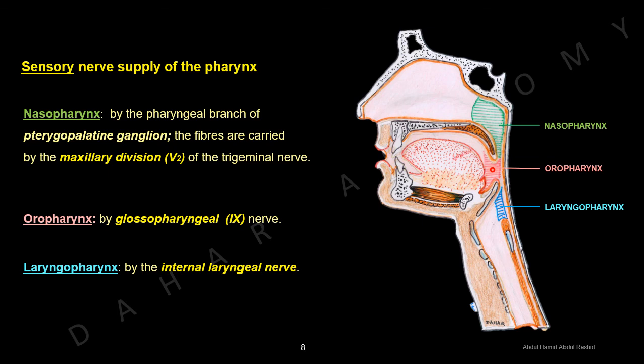The second part, the oral pharynx, is supplied by the glossopharyngeal nerve, that is the 9th cranial nerve. And the third part, the laryngopharynx, is supplied by the internal laryngeal nerve, which is the branch of the superior laryngeal nerve, which is actually coming from the 11th cranial nerve, coming together with the vagus nerve.